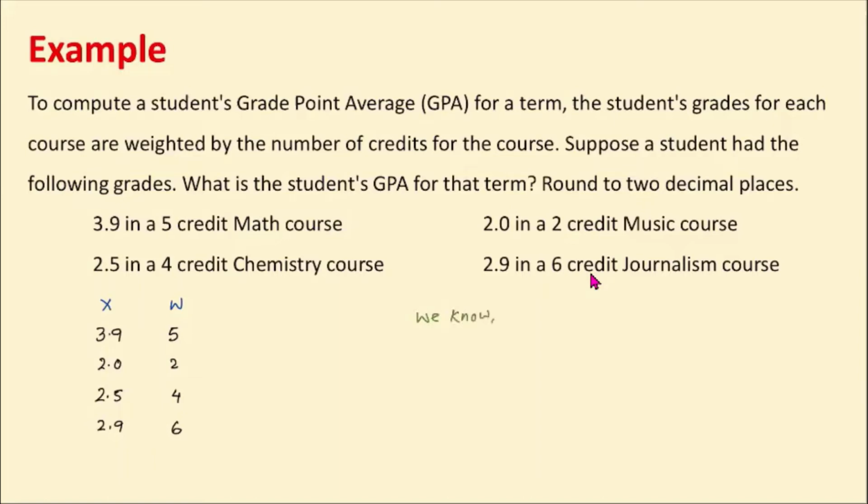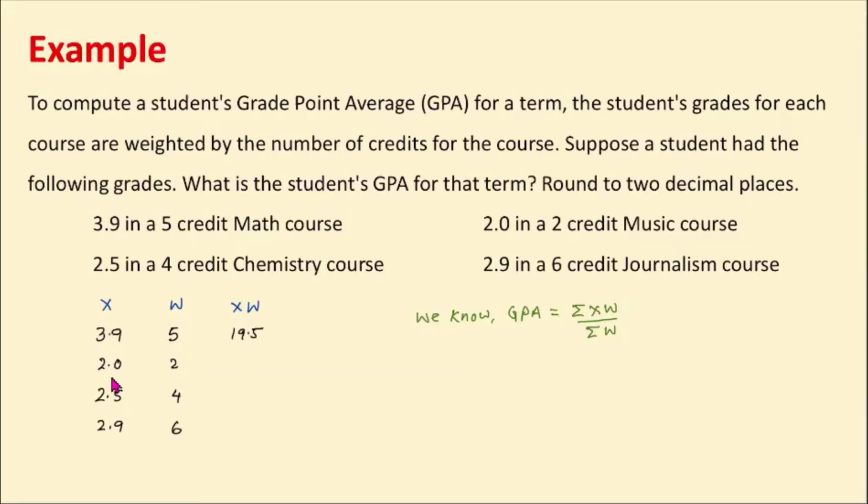We know the grade point average is the weighted mean or weighted average given by the formula sum of X times W divided by sum of W. So in the table, we have X and W. In the next column, we need X times W. So let's find X multiplied by W. First we have 3.9 multiplied by 5, which is 19.5.